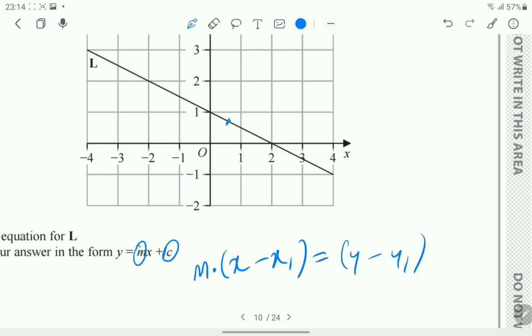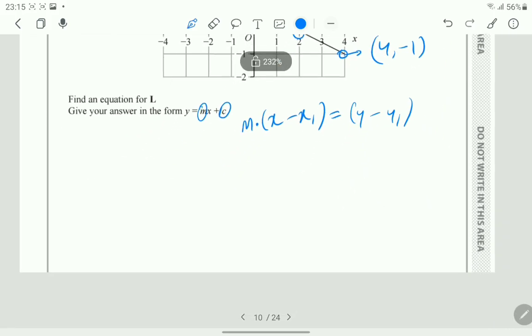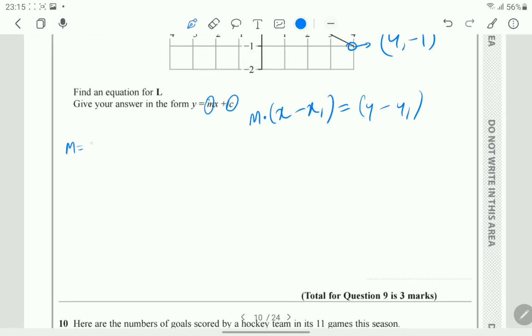This is a very ambiguous point. We can't really tell what this is. So choose distinct points like these. I would choose this point, which is 2 on the x-axis, 0 on the y-axis, and this is 4 on the x-axis and minus 1 on the y-axis. m is the gradient.